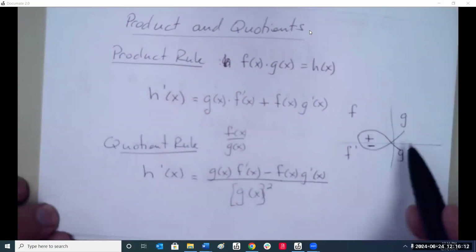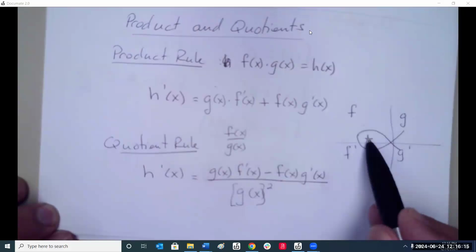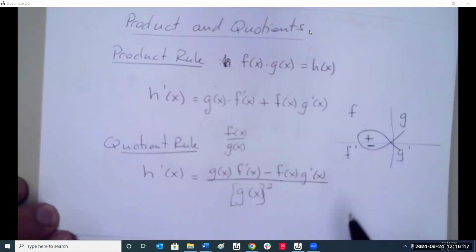You'll memorize these little fishy things. So if it's a product, you're making things bigger, it's a plus. If it's a quotient, you make things smaller, use a minus.